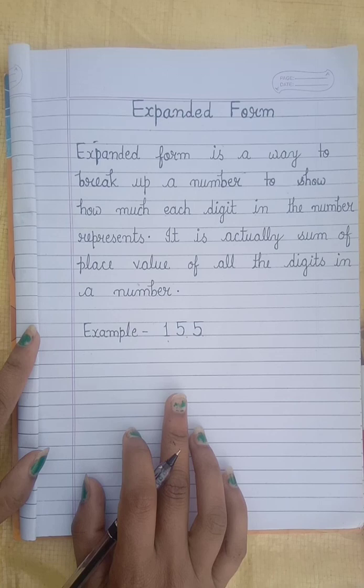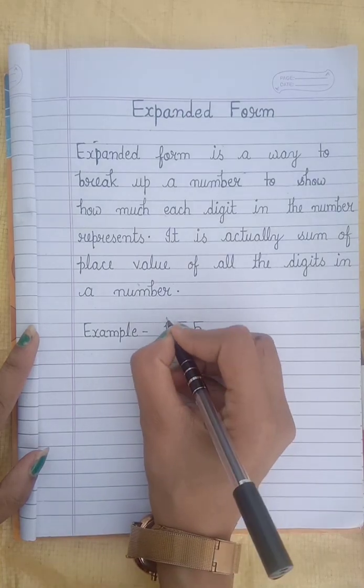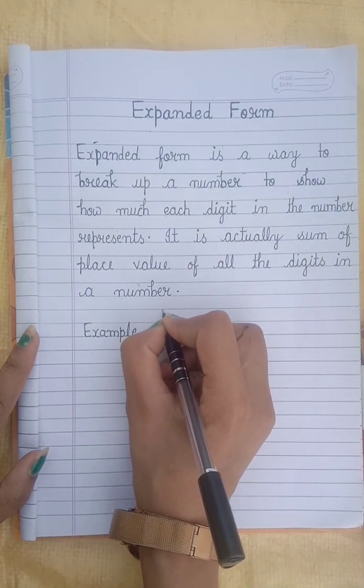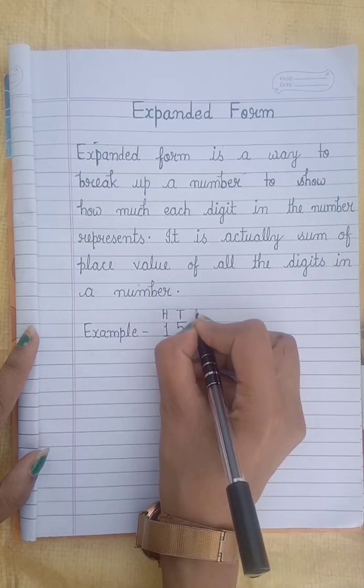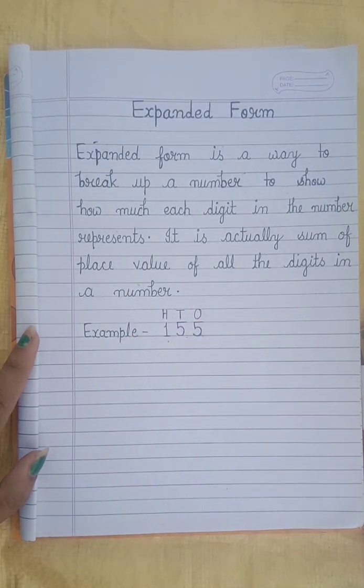For this we follow the following steps. First of all, we write hundreds, tens and ones on the top of the number. Then the second step, we write the place values of all the digits in the number.